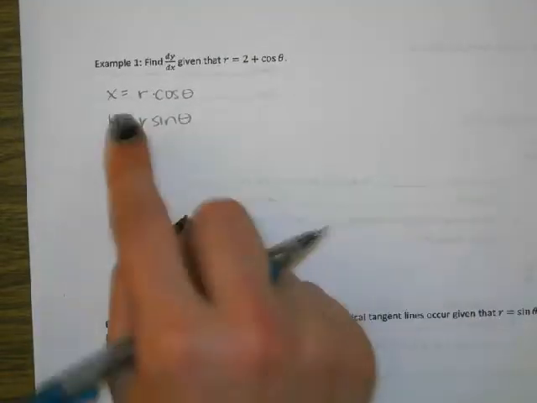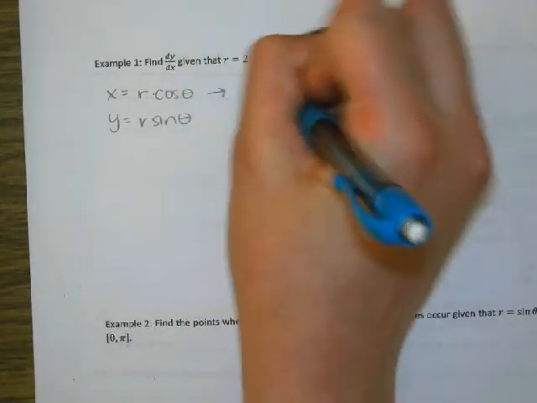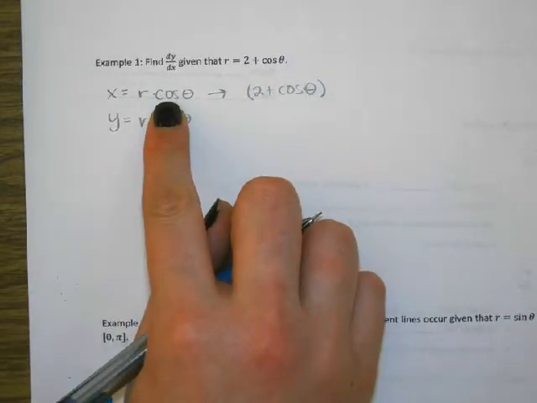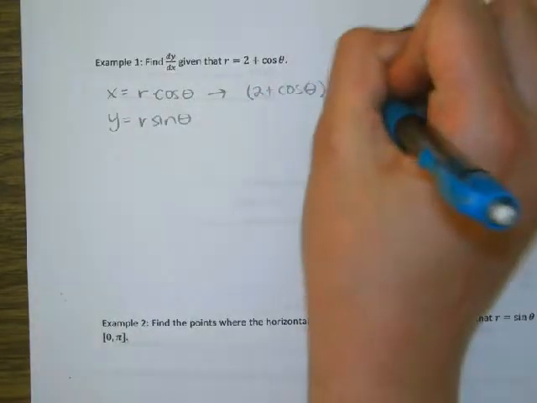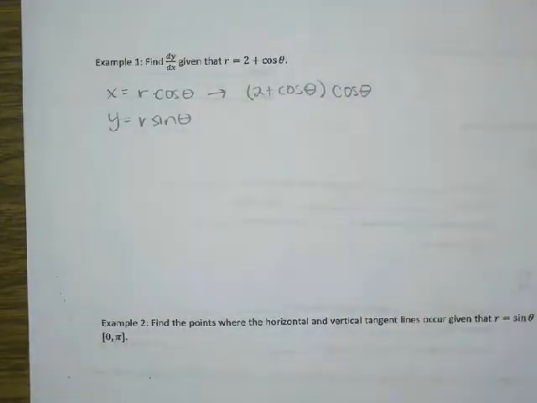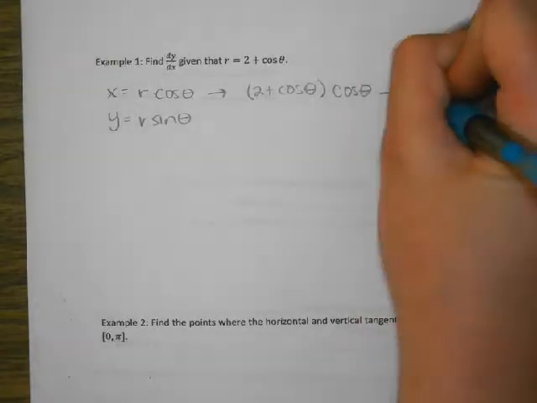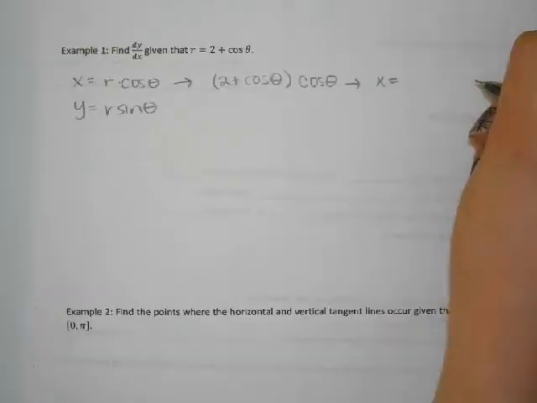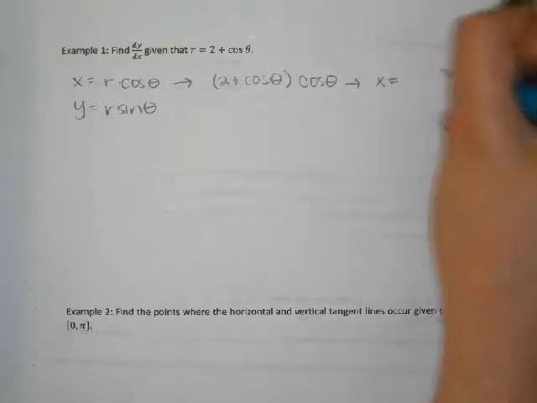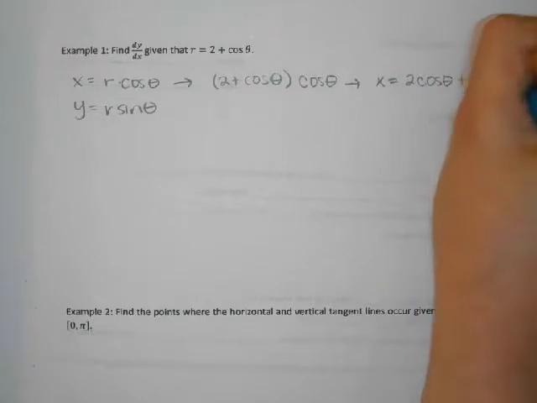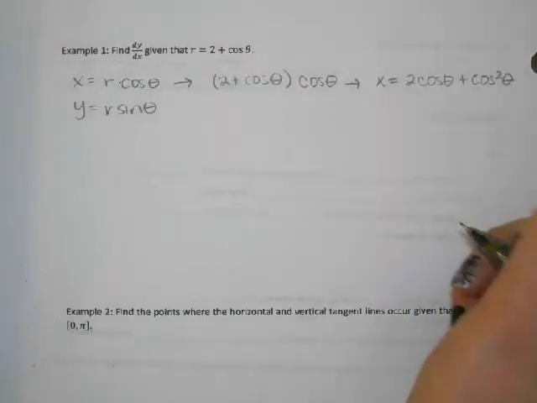So to find x, we're going to say x is r, which is 2 plus cos theta, times cos theta. And so what does that give us for the x parametric equation? Okay.